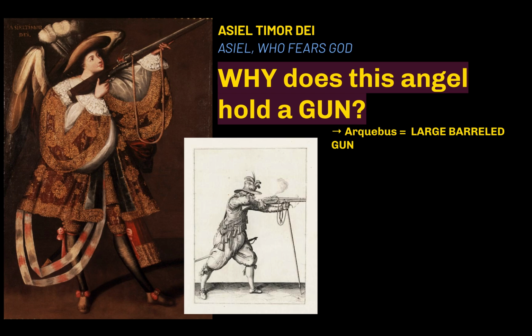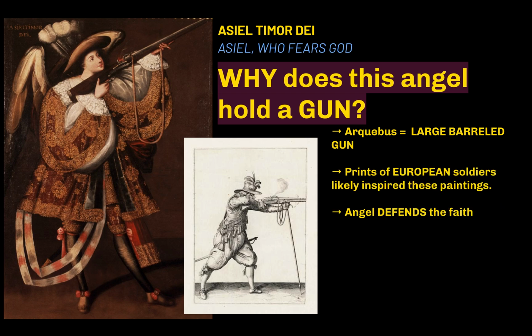Indigenous peoples supposedly felt that guns were magical at first when they first saw them because they created fire. And then obviously understanding how they killed probably influenced them a little bit differently. But the angel quite literally defends the faith. He holds a weapon that is going to enable the angel to defend the faith at all costs.